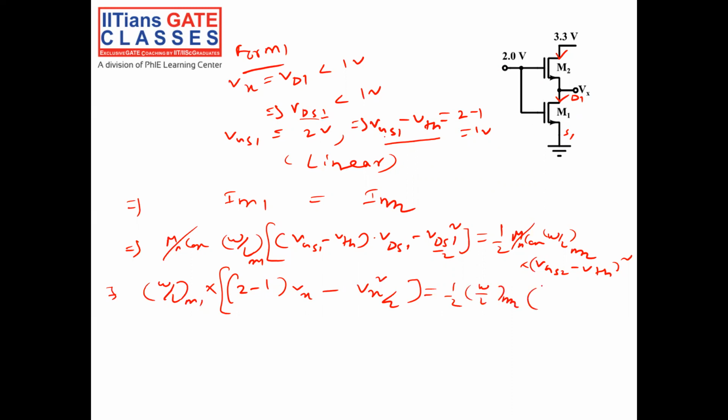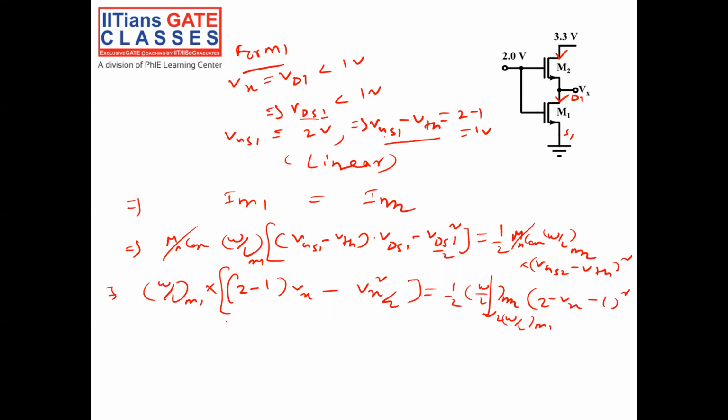And VGS2 is nothing but 2 minus Vx, minus VTH, which is 1, full square. So W by L of M2 is twice M1, which is 2 into W by L of M1.